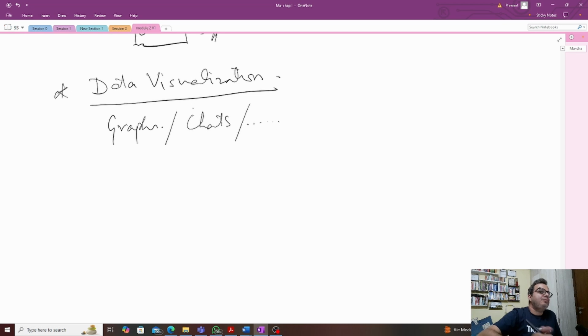Most of the time what we do is a histogram analysis of our data. What a histogram does is create the frequency of the variable and plot it on your x and y axes.